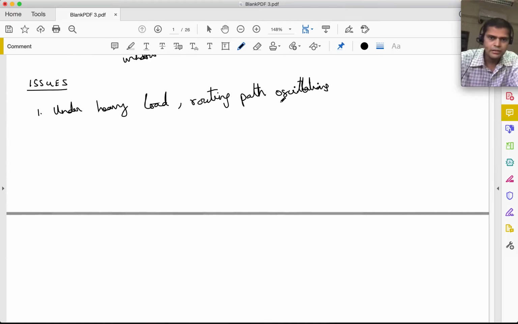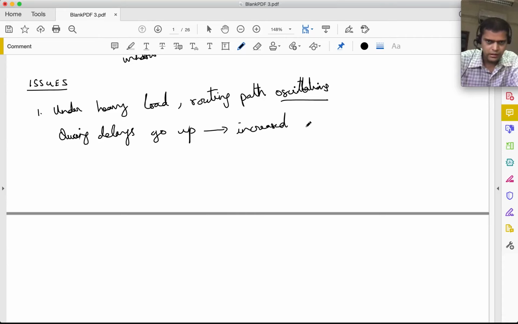Okay, so routing paths oscillate, and the reason is that queuing delays go up, and this leads to increased link weights, and then essentially this leads to new shortest paths.